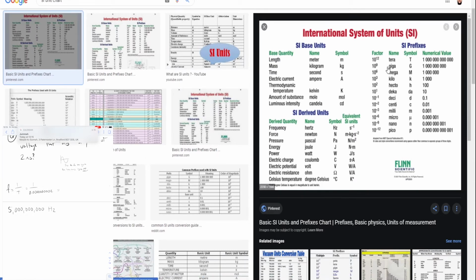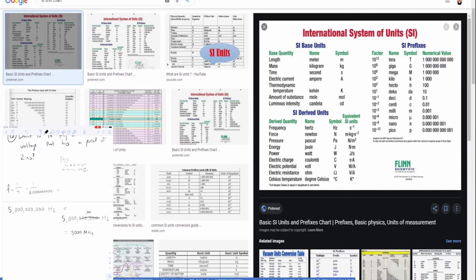Okay. So mega is 1 million. So I can just knock off a million, right? I take this, put it over here. So I can knock off a million, and then I could just say 5,000, and then replace that whole million with an M. So that basically equals 5,000 megahertz.